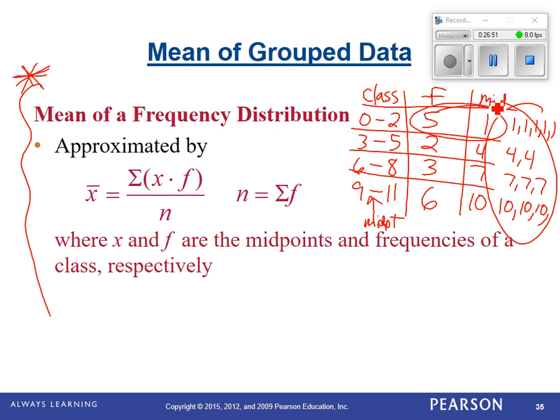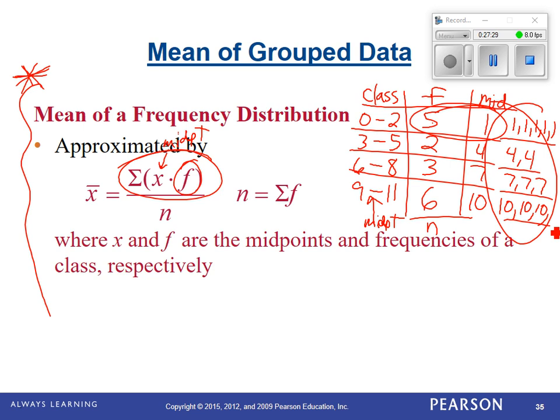So we take each midpoint and we times it by how many of them there were in that class, and we add all of those up, and then we divide by this total, however many total there was in the whole group. That gives us the mean of the frequency distribution. Nothing really hard about it. If Lily wanted, could she go through and find the mean and write all these numbers out and add them all up? And then divide by how many of them there are?